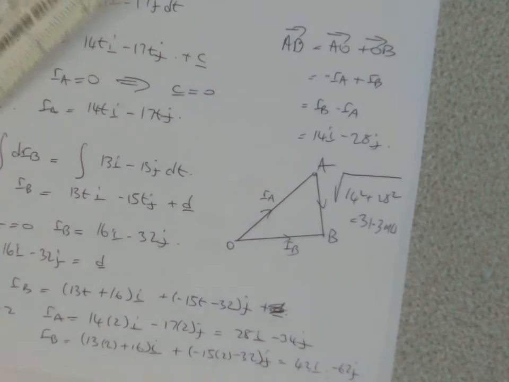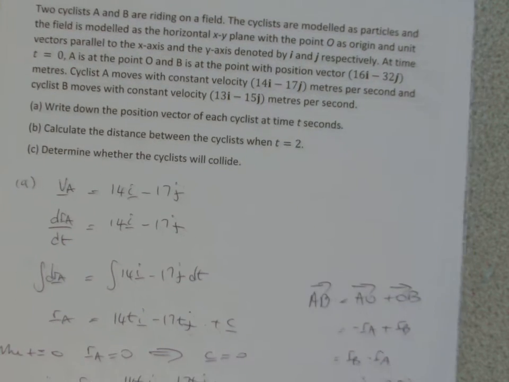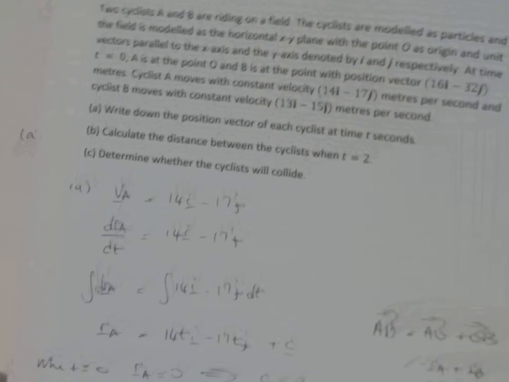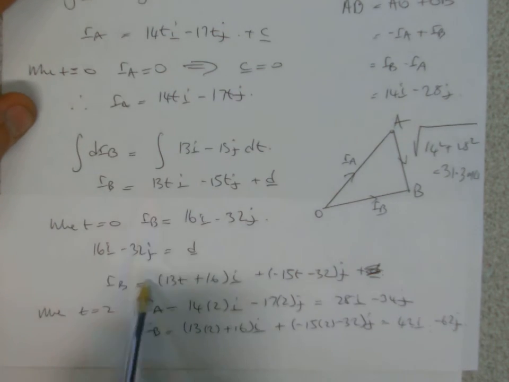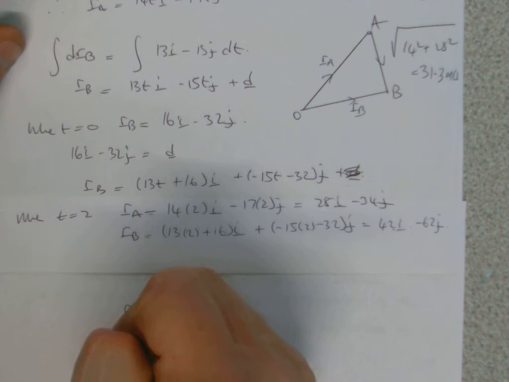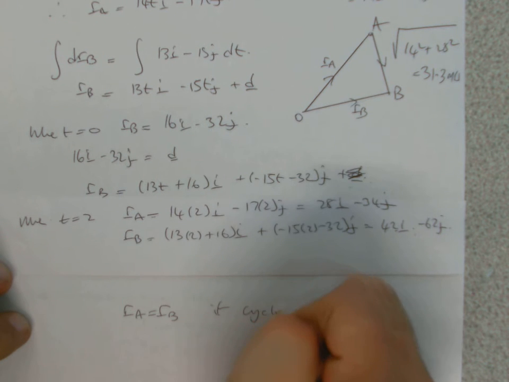And then part C says determine whether the cyclists will collide. Now of course, if the cyclists collide, then we set these equal to each other. RA will equal RB if the cyclists collide.